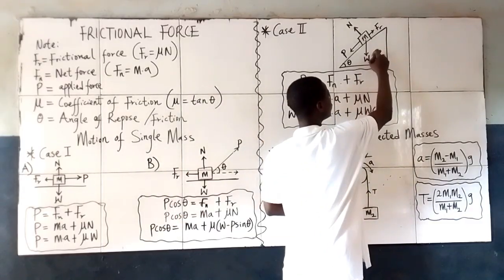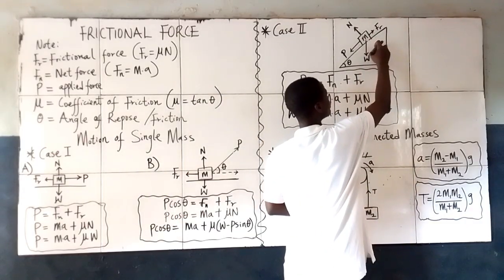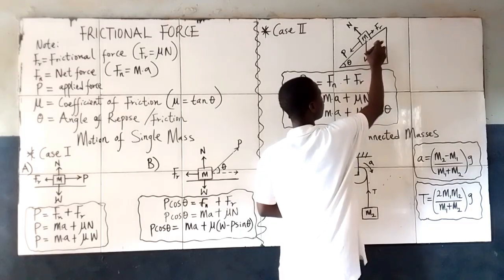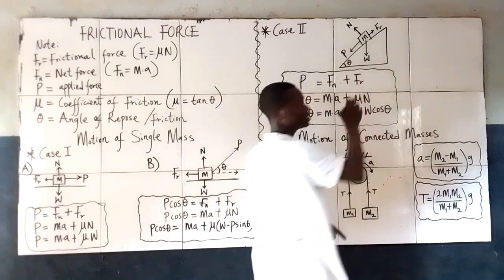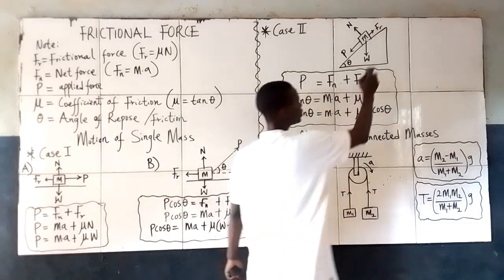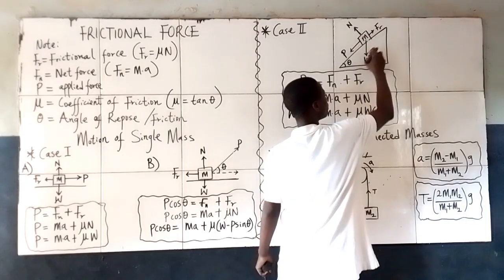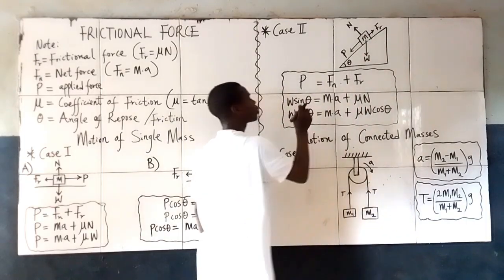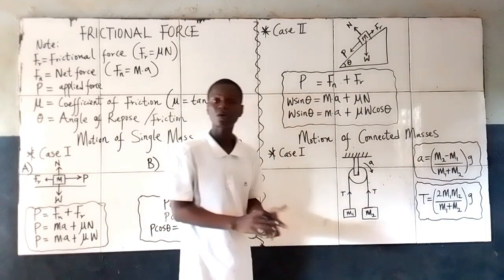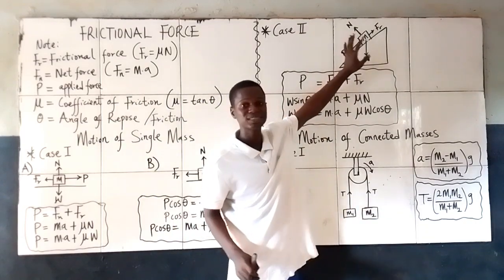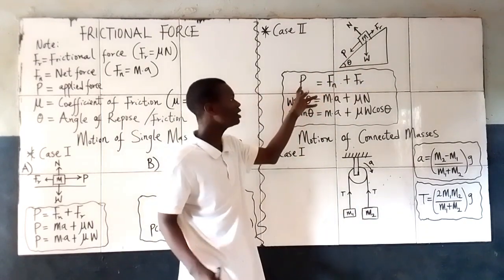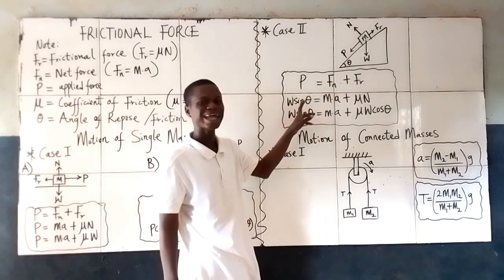If we resolve the weight, we draw this down, we cover it like this. This component of the weight is equal to P. And what is that component? If here is theta, this component is called W sine theta. I just want to make this easy, that's why I did not complicate the diagram, okay? But P is equivalent to W sine theta.